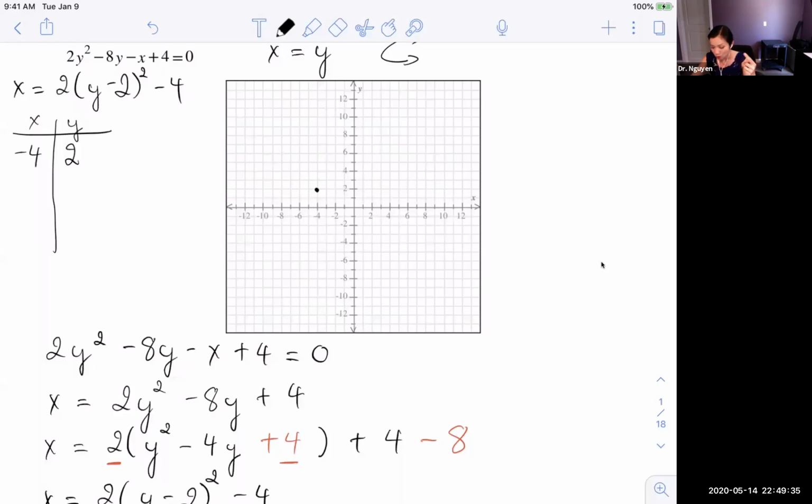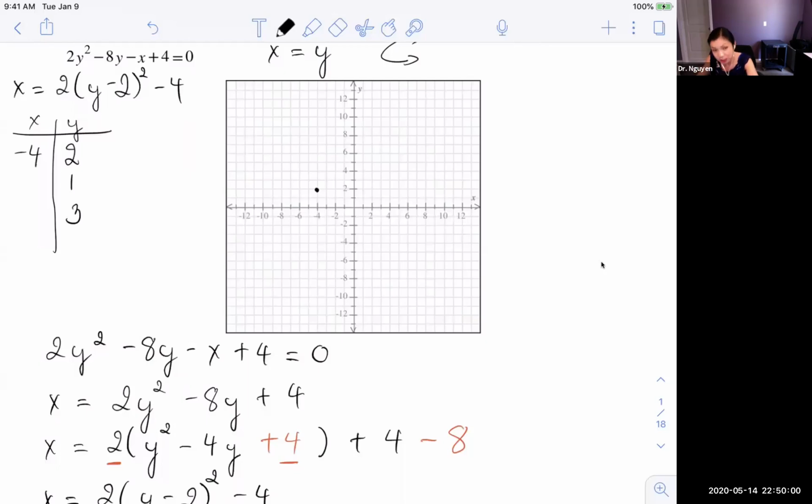So now, when you pick y, y at the vertex is 2, because it's open to the right like this. So you want to pick one above and one below the vertex. I'm going to pick y equals 1 and y equals 3.